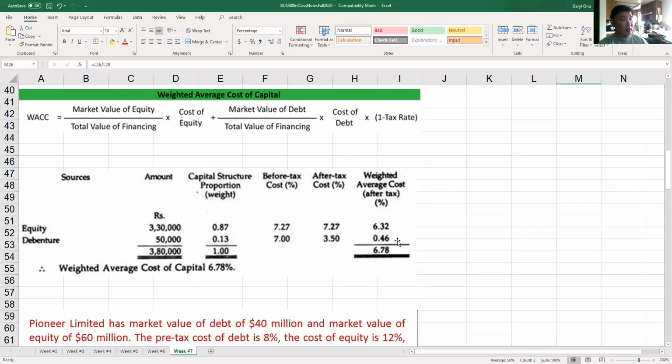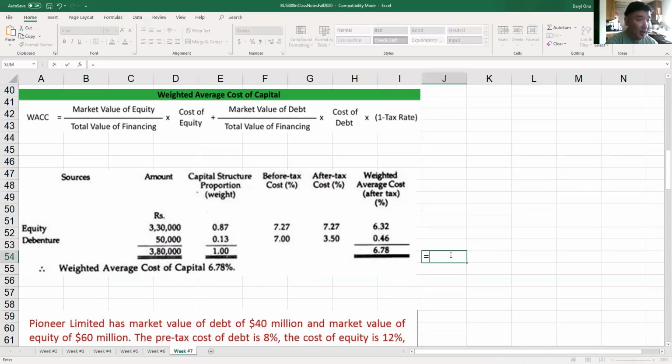Cost of equity is 7.27. How do we get these numbers? This 0.87 times 0.0727 is 6.32. 0.13 times 3.5% is 0.46. The weighted average cost of capital is 6.78%. Let's do the calculation.